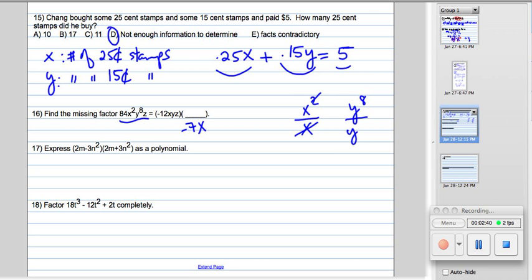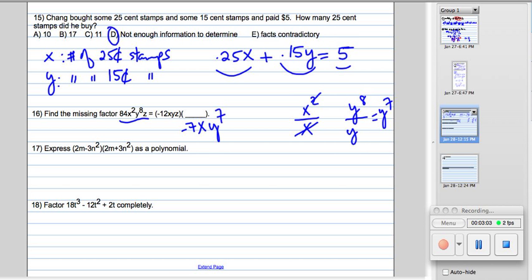Remember here you subtract the exponents. So that's y to the 7th. And z times what will give us z? Well, that's just 1. But we don't need to write 1. Okay, so that's our missing factor, negative 7x y to the 7th.